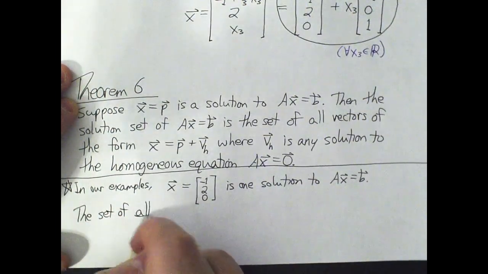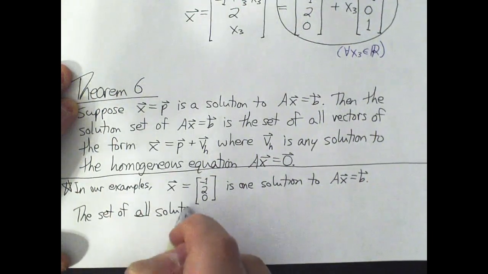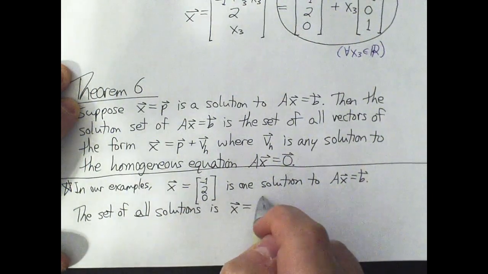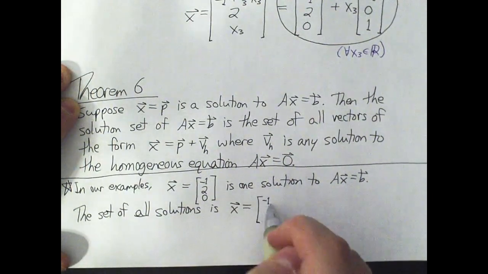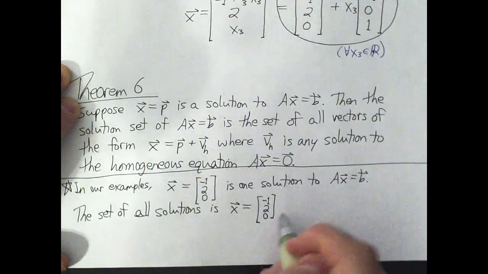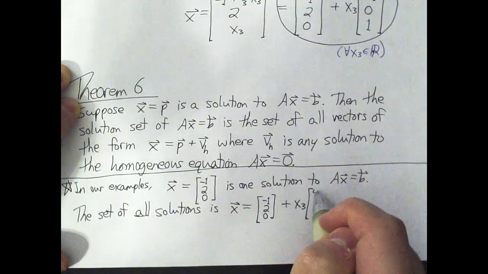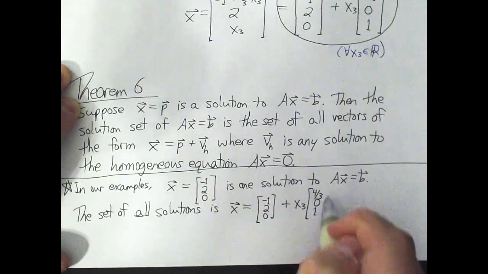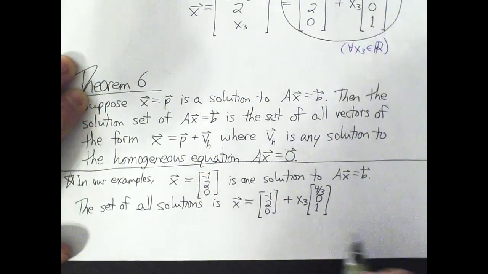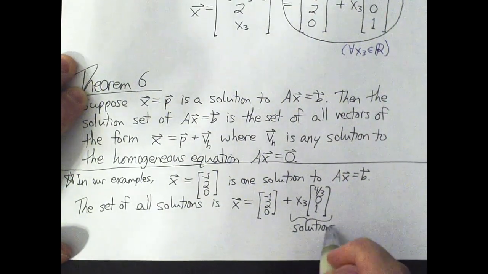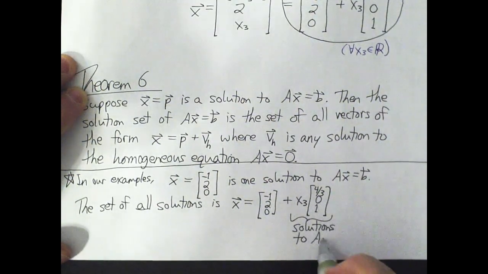The set of all solutions is that particular solution plus x3 times 4/3, 0, 1, where these were the solutions to the homogeneous version of the problem.